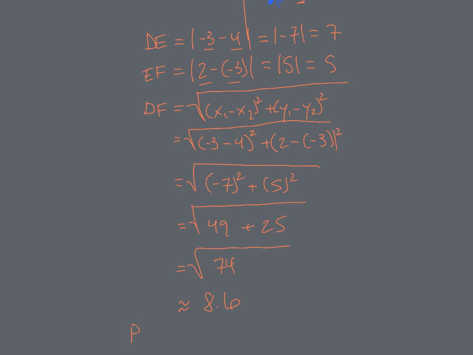So our perimeter, P, is equal to side DE plus side DF plus side EF.